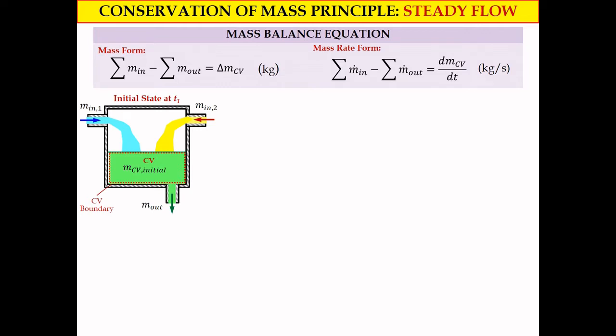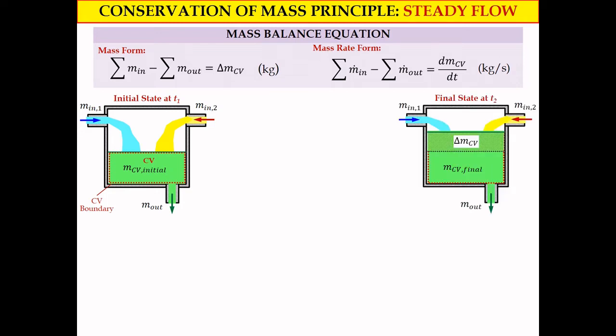And here we have the schematic diagram that we have discussed before. Just want to show that we will have two different states, initial and final. For this system, we have two inlets and one outlet, and we can see the difference in the mass of the control volume from the initial state to the final state.